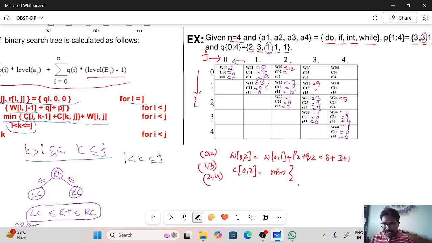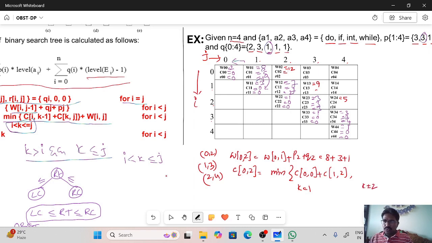Nothing but k with 1 and 2. With k equal to 1, what is my equation? C of i, 0 comma k minus 1, nothing but 1 minus 1, 0, plus cost of k, nothing but 1 with j, minimum of that one, or we have one more with the k.